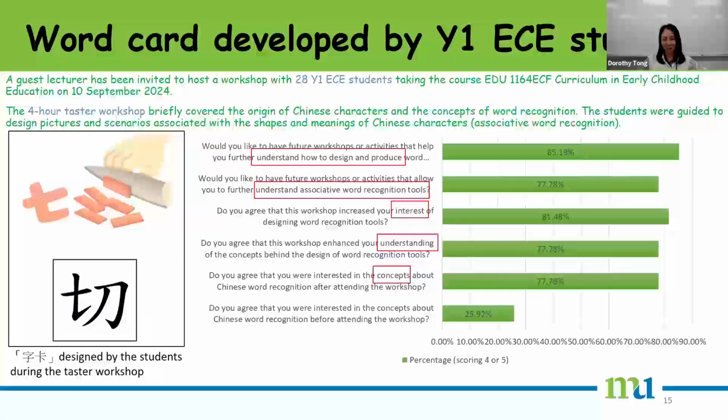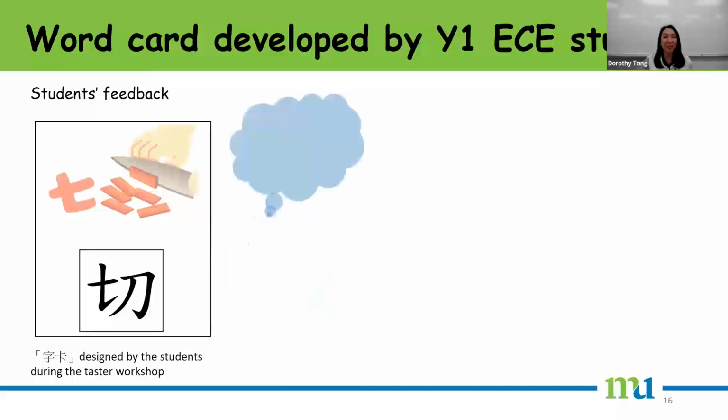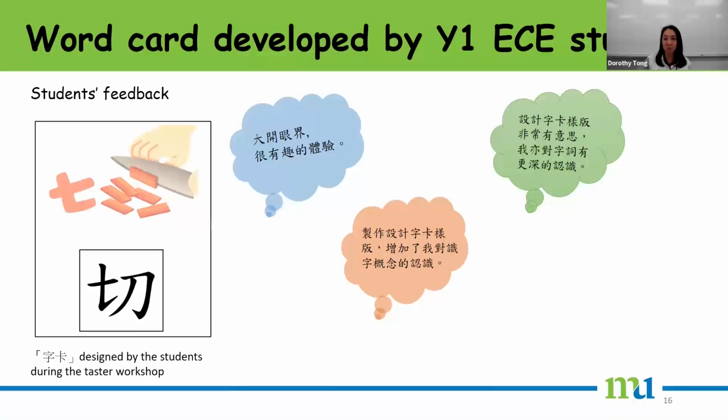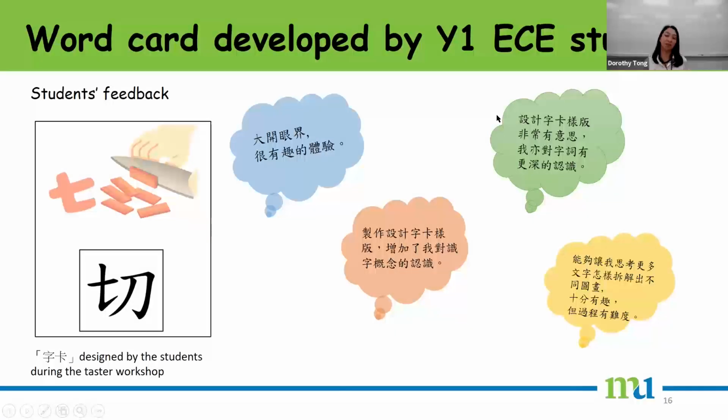Some of the qualitative feedback collected after the workshop: they think the workshop is interesting, and it's an interesting way to design word recognition tools for young children. They think it's meaningful, and it also allows them to understand the meaning behind these Chinese characters that before they had not thought about.